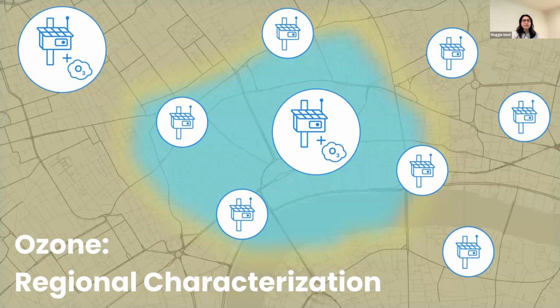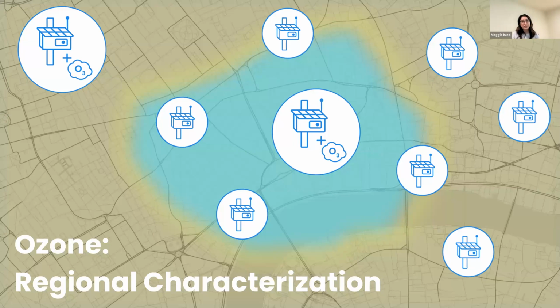As mentioned previously, our ozone module, which is FEM capable, meaning that it has the precision of a federally equivalent monitor or method, provides highly precise instrumentation in what we call a non-FEM configuration. So it's much smaller and can be deployed more easily. And it can really help regions understand better ozone patterns and determine if all areas within a region are in attainment.